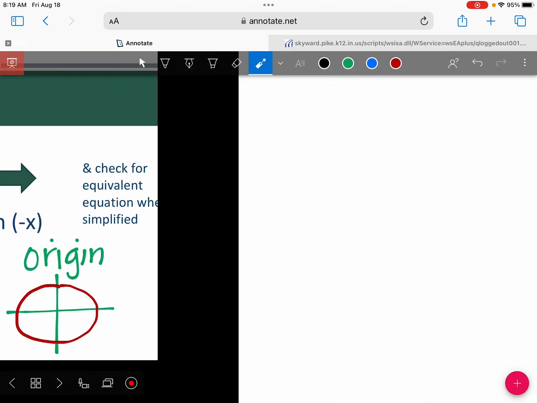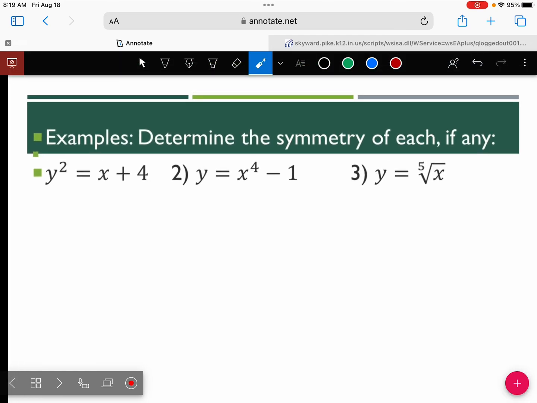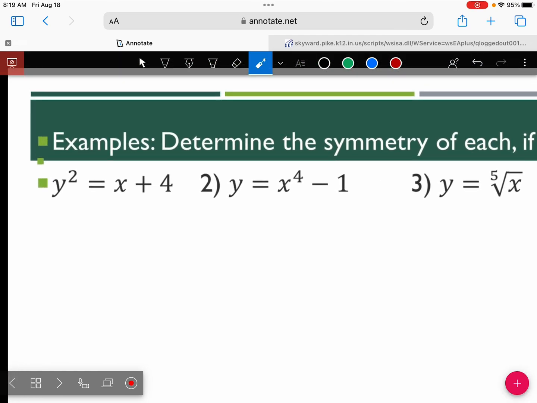All right, so let's go ahead and copy down these three, and we're going to do our symmetry test.